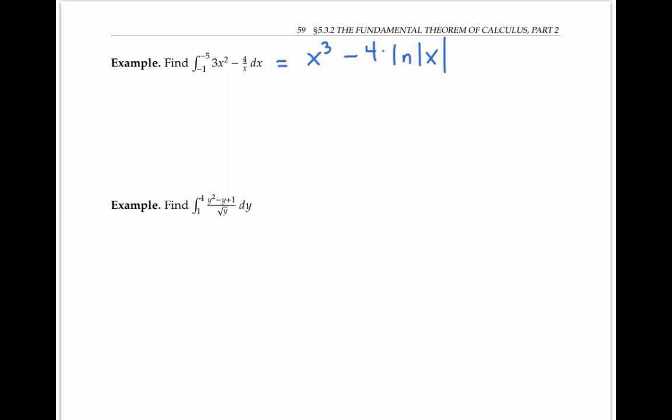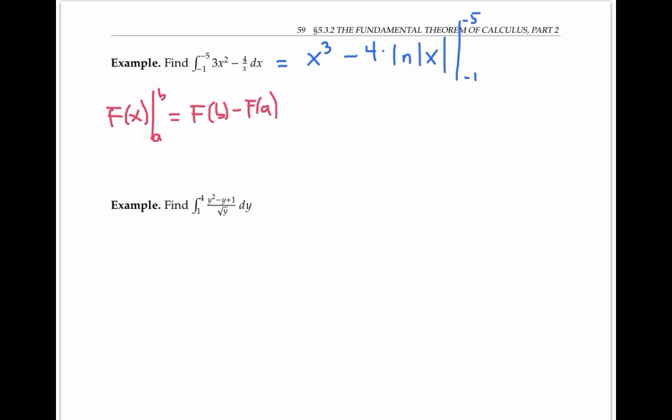Now we need to evaluate this antiderivative on the endpoints of negative 1 and negative 5. We usually write this as a vertical line with a negative 1 at the bottom and a negative 5 at the top to mean evaluation. In other words, the notation capital F of x between a and b means capital F of b minus capital F of a, which is what we need to compute for our antiderivative here.